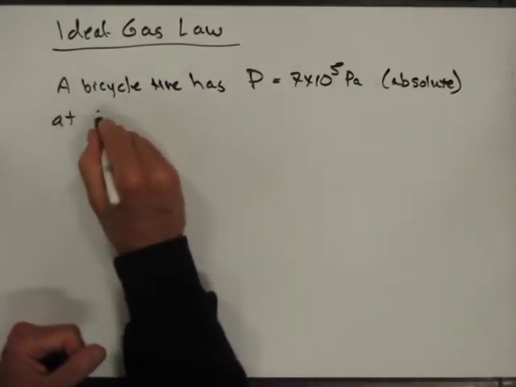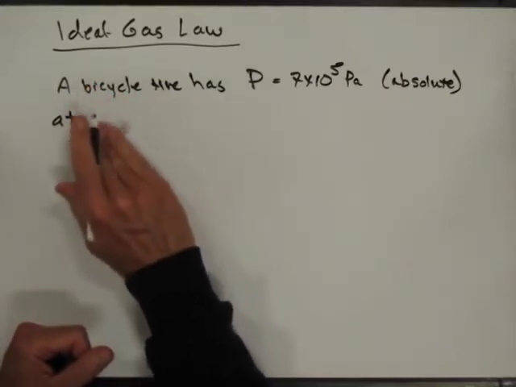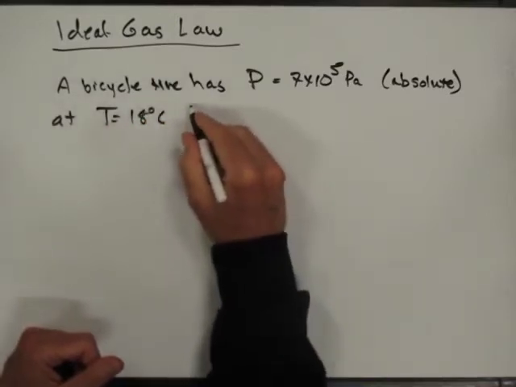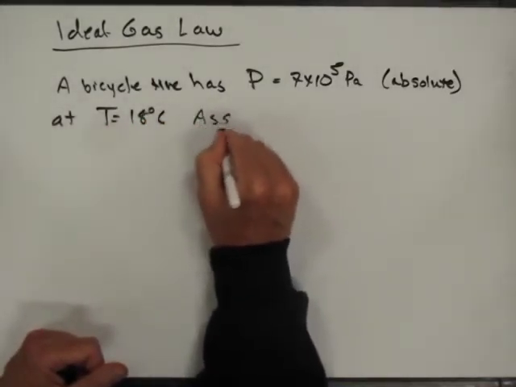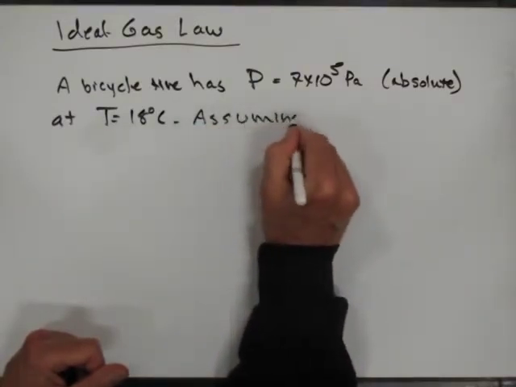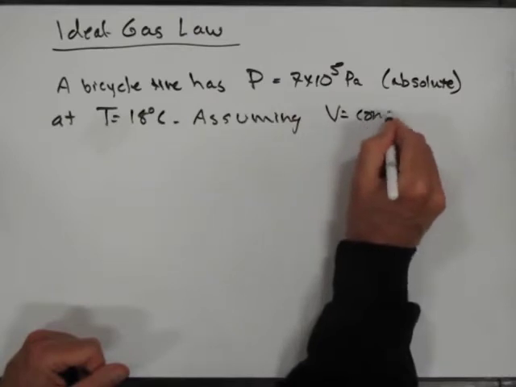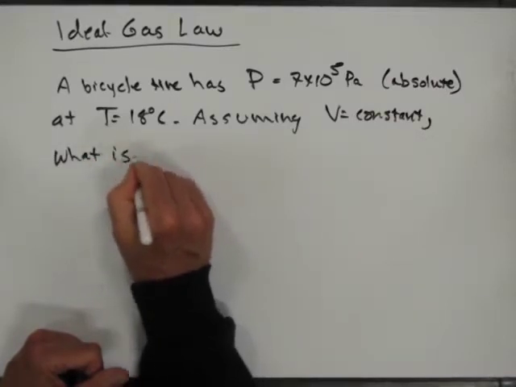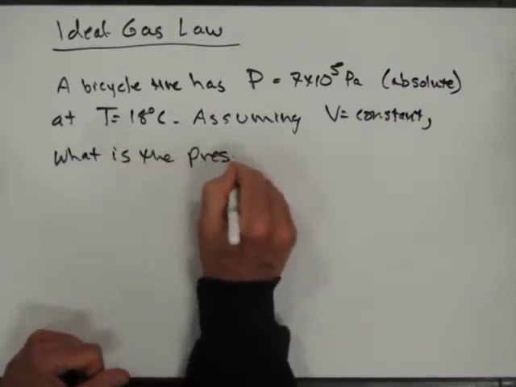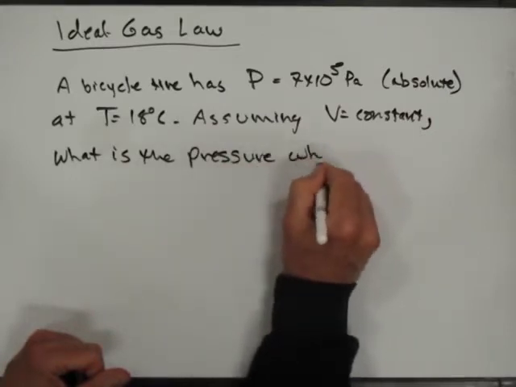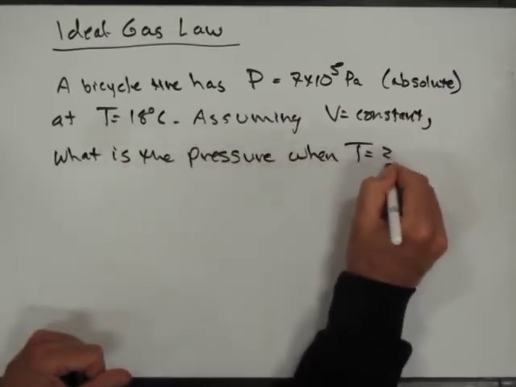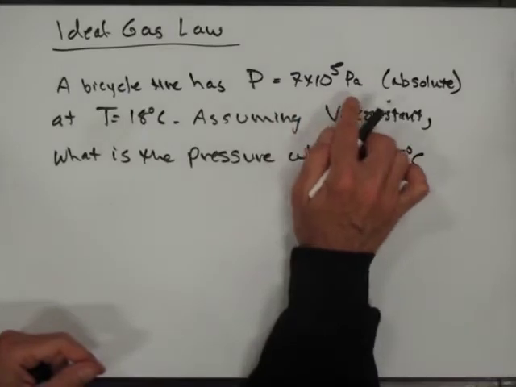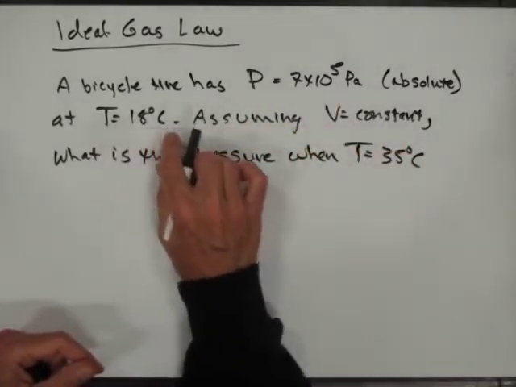Right, and so we're going to say T equals, not little t, temperature T equals 18 degrees Celsius. And then we could say tire pressure is 7 times 10 to the 5th pascals at 18 degrees Celsius, assuming the volume is constant.